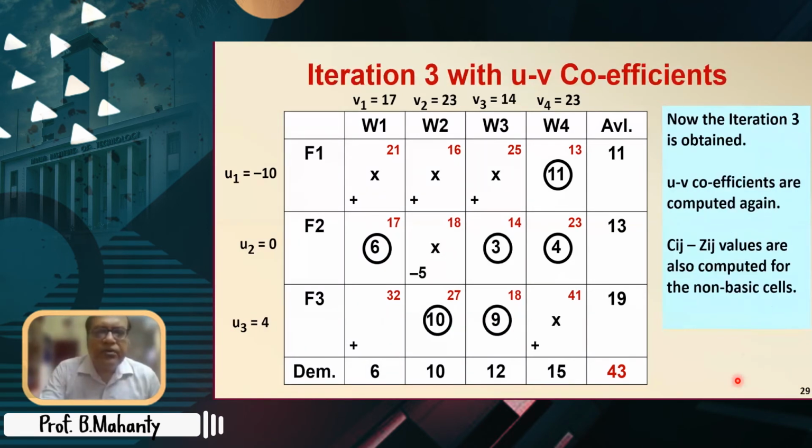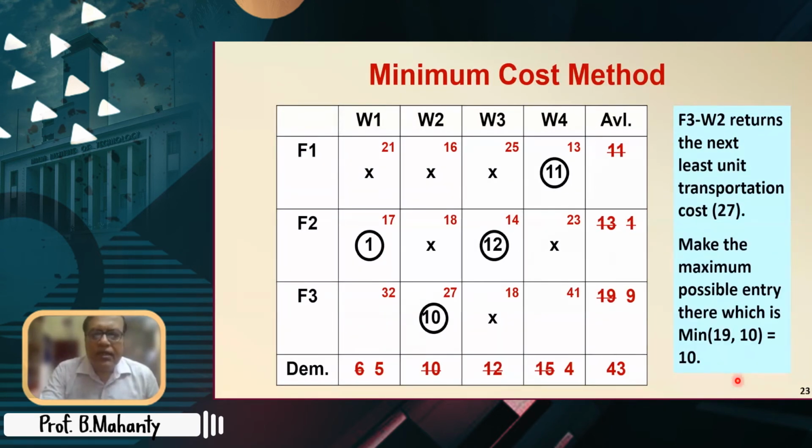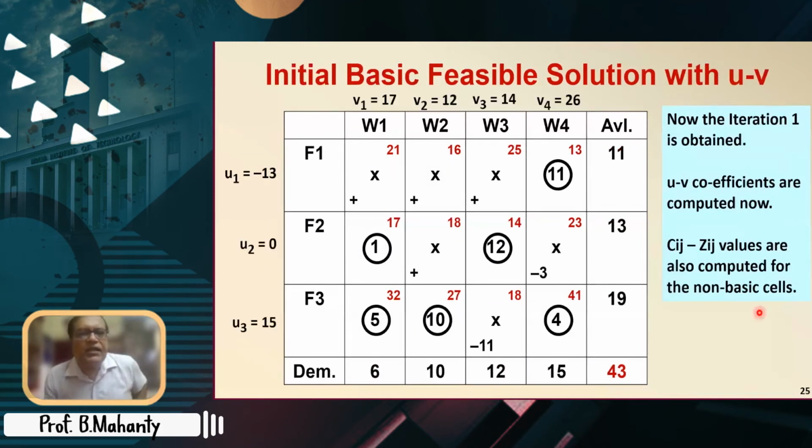No, see, if you look at this, in the minimum cost method, the basic feasible solution initially that we obtained is this one. That is 11, 1, 12, 5, 10, and 4. Look here, although we are trying to enter initially to the least possible cost square, like 11, then 14, and then 17, but towards the end, we had to choose certain squares which are not very good.